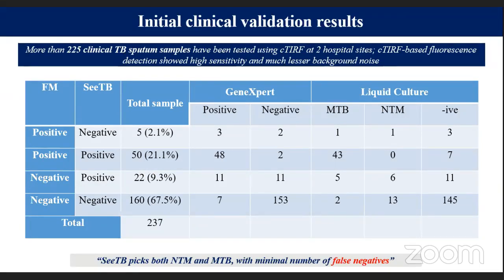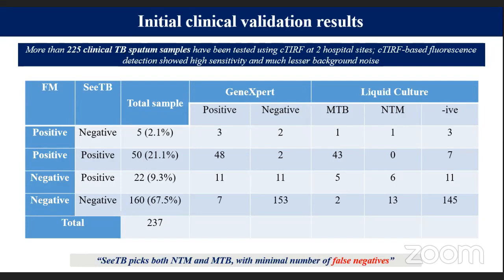You can see that all the positive samples which were observed by GeneXpert and liquid culture were also detected positive by our own system SeeTB as well, and the sensitivity of this SeeTB system came out approximately 90%, and the false negatives were also in very small numbers.